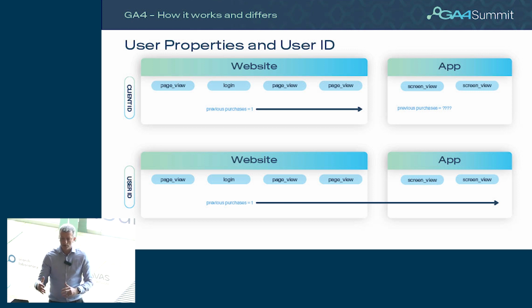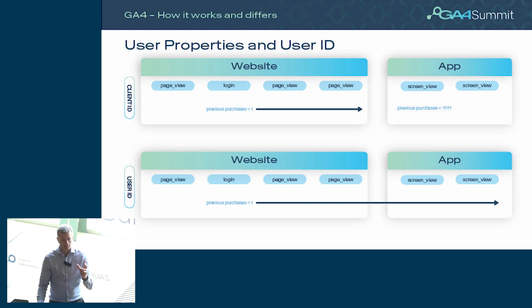The whole concept is you can set a user property against a user when they perform an action or an event on the website. The example on the screen is if they log in, you can set a user custom dimension against that user. And when they keep carrying on navigating around the site or come back the next week, that dimension is available for analysis, reporting, and adding people to audiences.